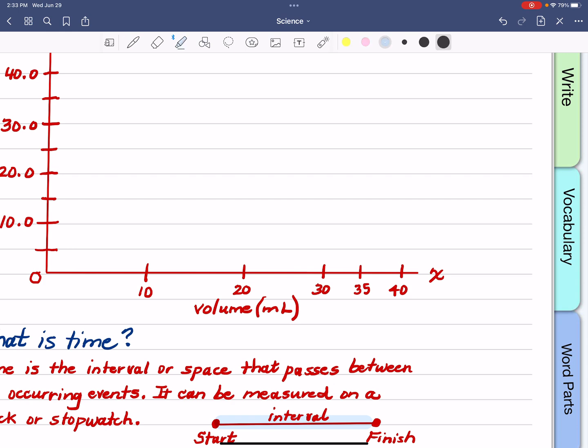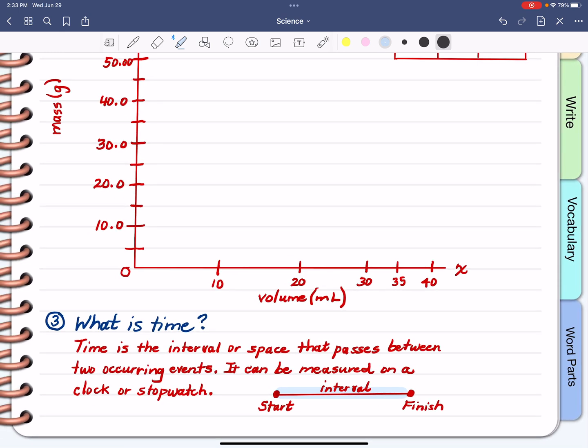It's 35 and 35. So we're going to look at, here's the 35 line up here. And here's the 35 line right here. So we're going to plot a point where those two lines meet. Okay, 35 and 35. Where they meet, where they come together, I want you to plot a point. Okay, so that would represent the density of water.